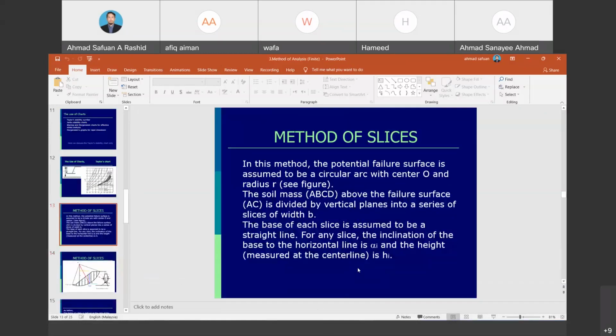Now I move to an example on how to make use of the chart to determine the factor of safety. Now we stop first.